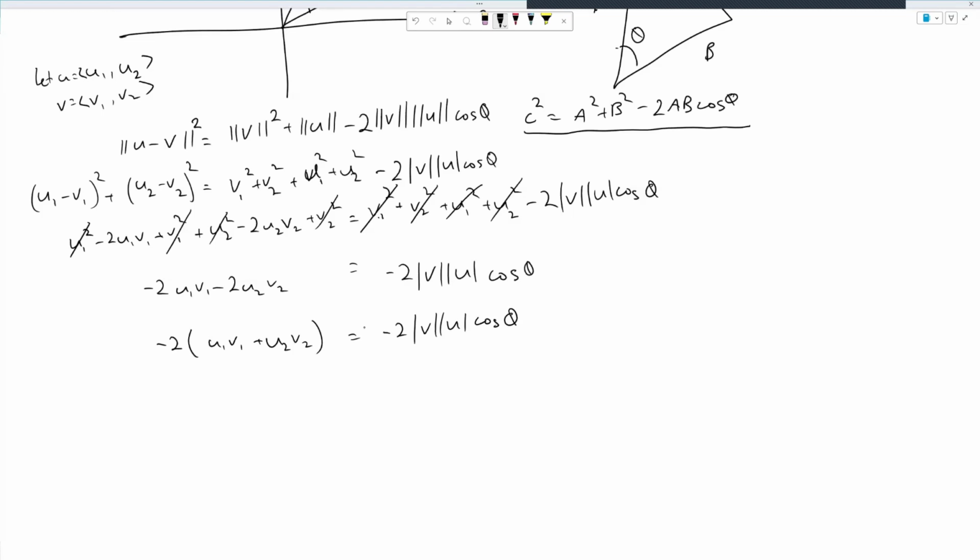Okay, cool. And knowing what a dot product is, this is essentially u dot v, right? Because it is the x component of v and x component of u, u1 v1 plus u2 v2. Okay, and then we can cancel out the minuses too. So then we get u dot v is equal to v u cos theta, which is as required.